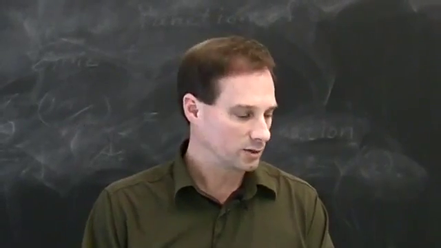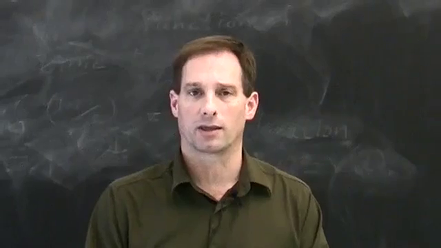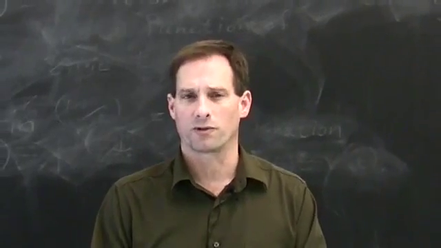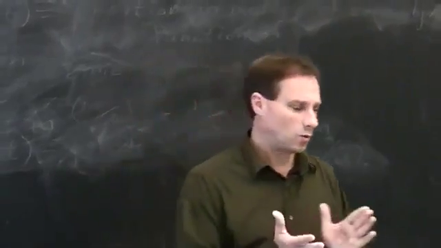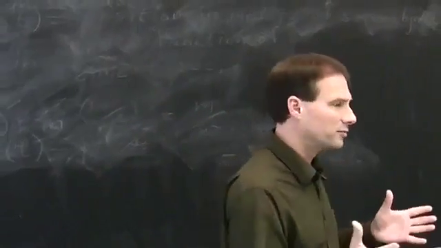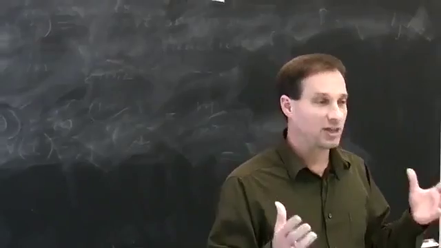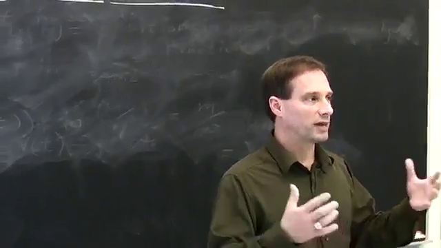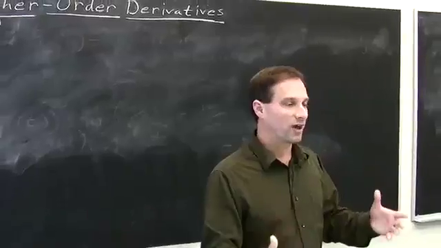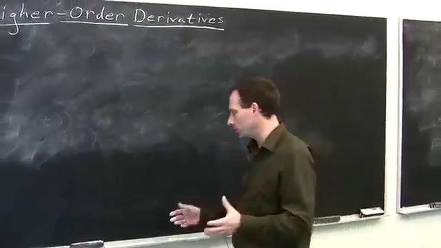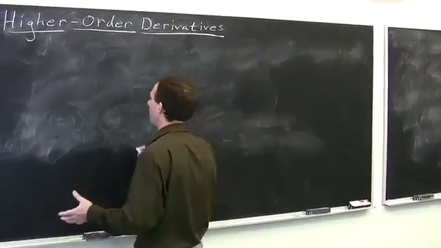But before we get to the rules, there's one more topic that I'd like to go over, and that's higher order derivatives. So what are higher order derivatives? Probably the fundamental motivating function for defining the derivative was position as a function of time and velocity.